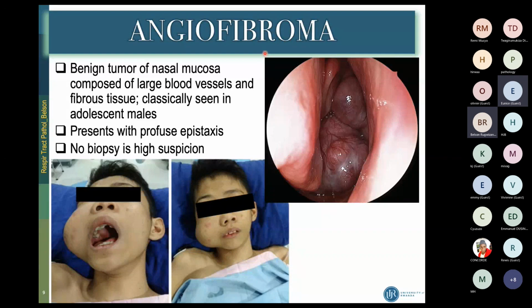So ni tumor iza muri nose, nasopharynx, so nukuvuga inyuma ya nose ahagana hasi muri pharynx, ariko ikiranga nuko it is very vascularized. And it is very bleeding.